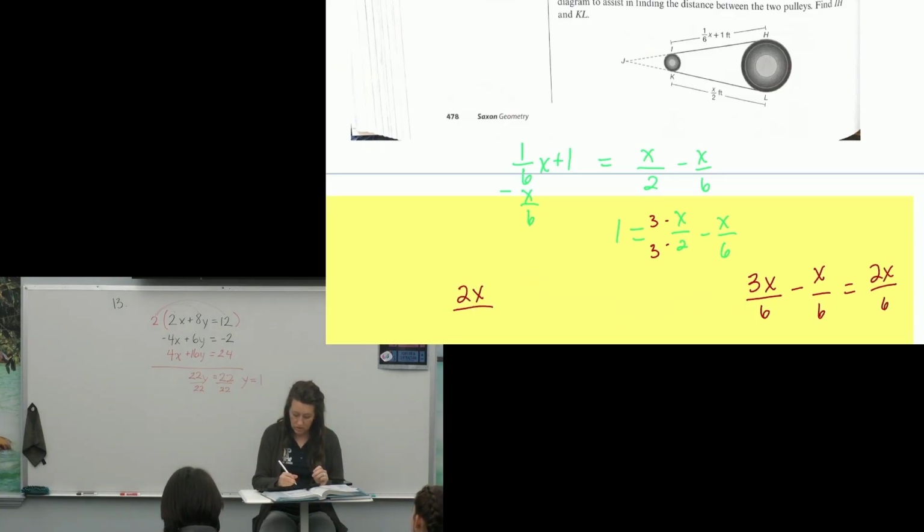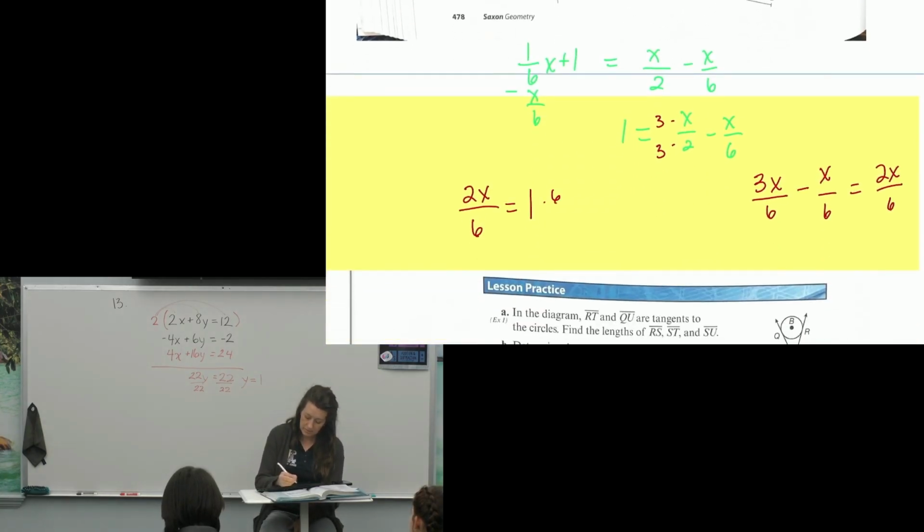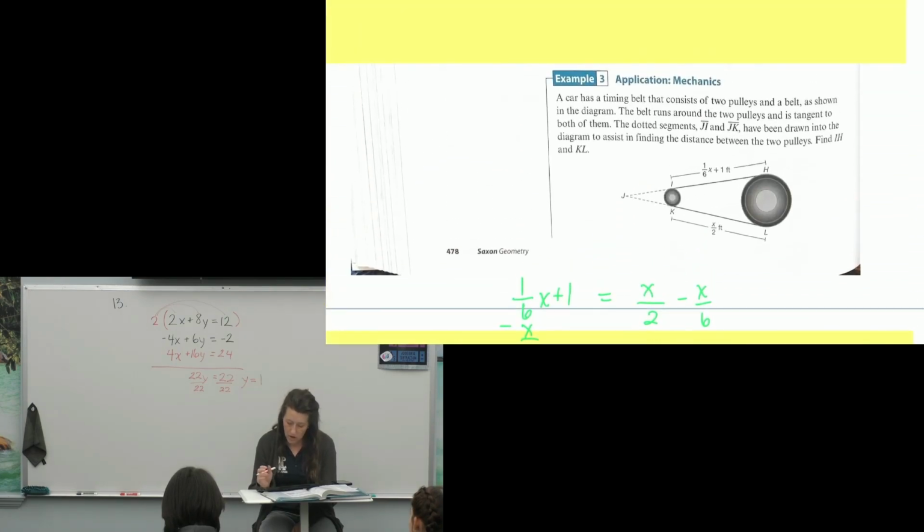So 2x over 6 equals 1, right? Then multiply both sides by 6. 2x equals 6, and then x equals 3 because we divide both sides by 2. Is that what they wanted us to find? So x is 3. No, they want us to find out what that is.